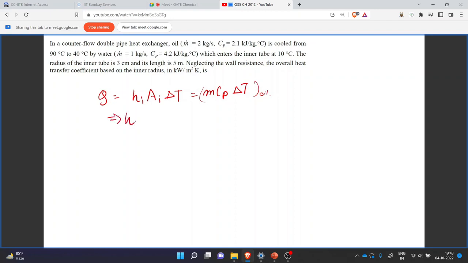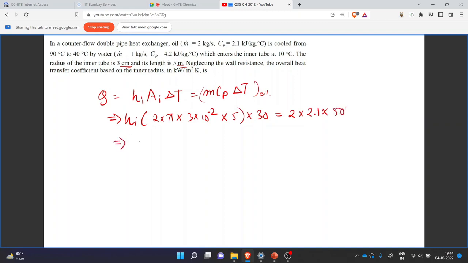That is, we can write Hi is equal to, area will be 2 pi RL, that is 2 into pi, into the radius of the inner tube, which is 3 centimeter, that is 3 into 10 raised to minus 2 meter, into length we have been given as 5 meter, into delta T which will be 30 degrees Celsius from the log mean. Mass flow rate of the oil was 2, Cp was 2.1, and delta T was 90 minus 40, that is 50 degrees Celsius.